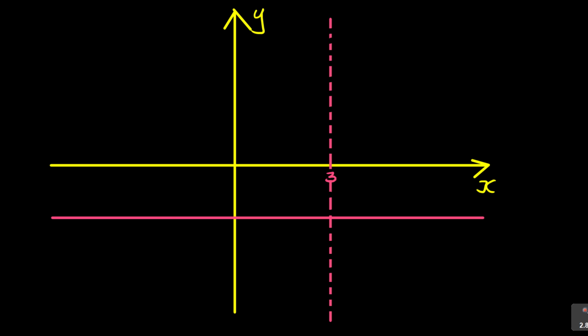These are the asymptotes. Alright, so you do that. It will be my dotted lines. Alright, so this is minus 2.